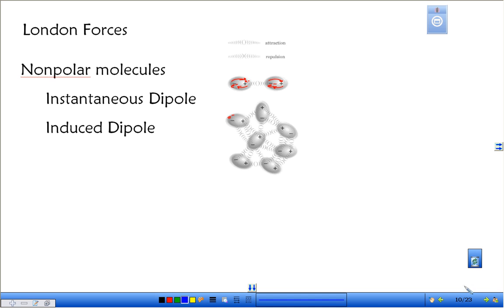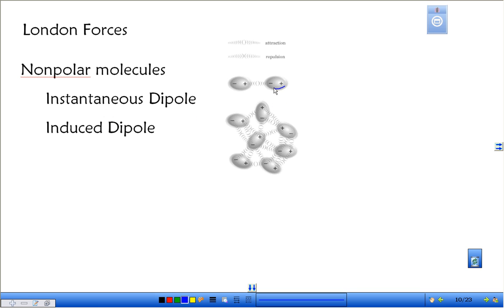So the first one we're going to start out with is London forces. In London forces, you have nonpolar molecules, and you have a thing called an instantaneous dipole and an induced dipole. If you look at these sets of molecules down here, you have attractions and repulsions continuously going on, trying to figure out how these are going to attach together. What's created is this instantaneous dipole.